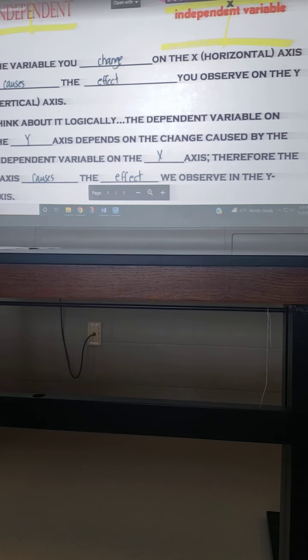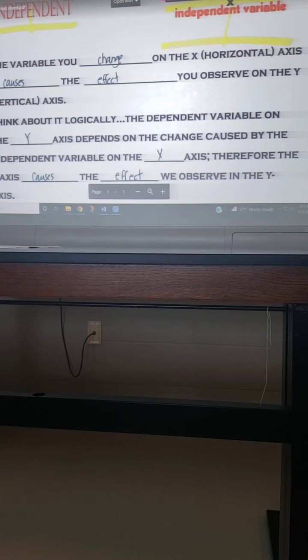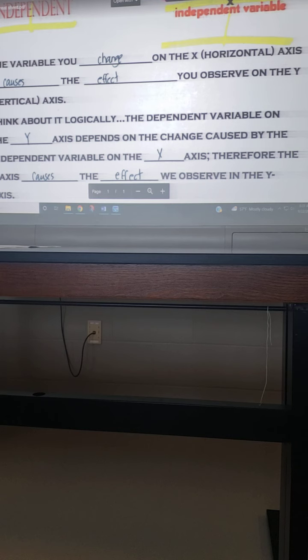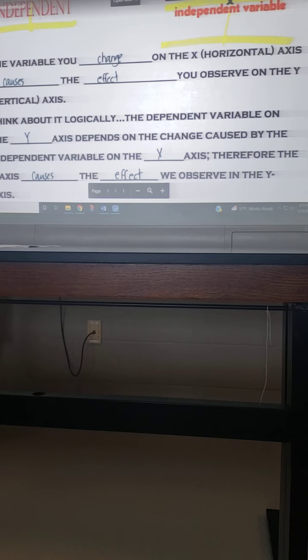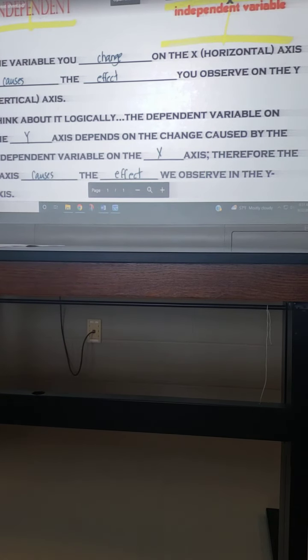So the variable you change on the X or that horizontal axis causes the effect you observe on the Y-axis. So we like logic. If you think about it logically, the dependent variable that's on the Y-axis is always going to depend on the change caused by the independent on the X. And that should be an X. I just didn't finish it very well.